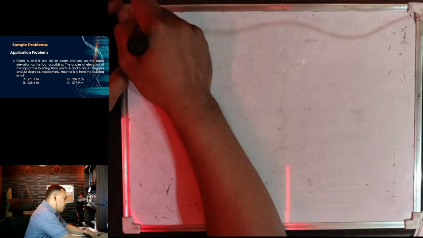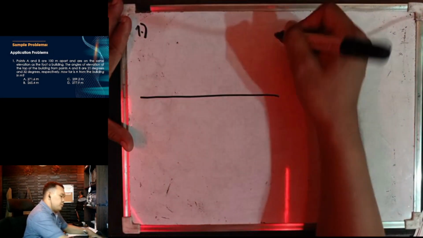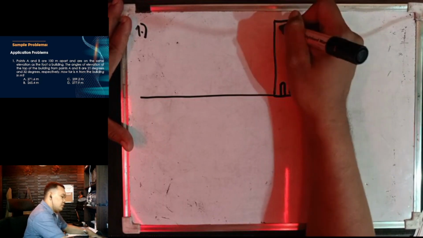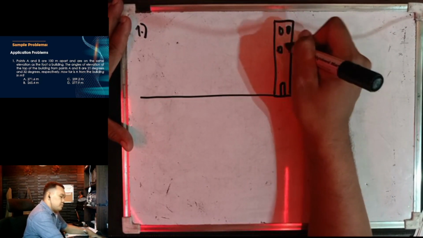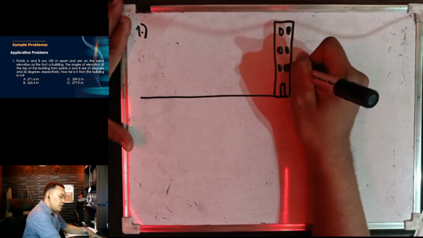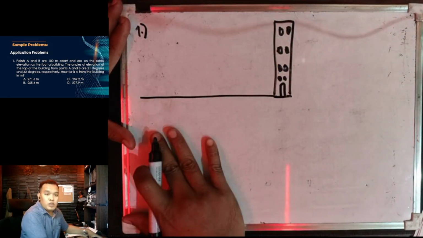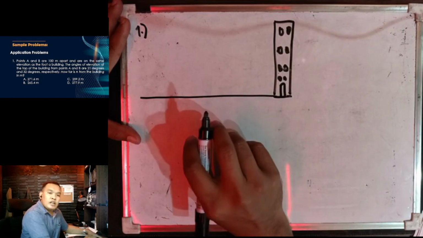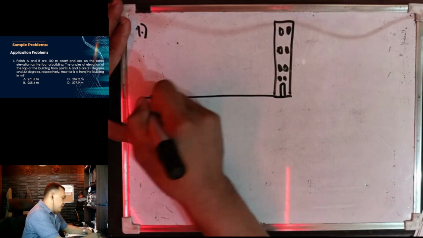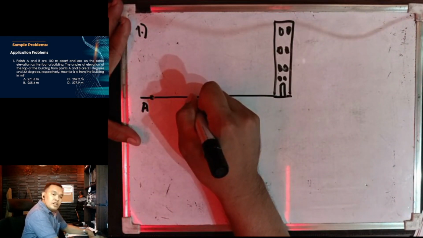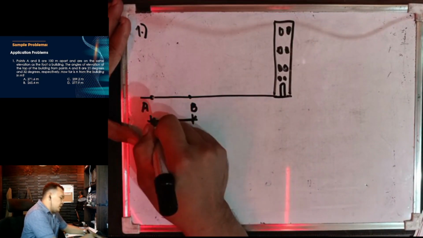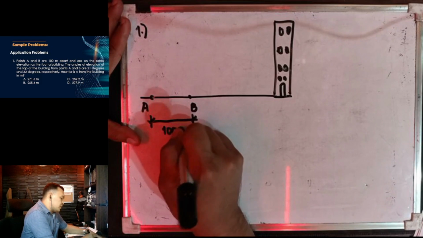So we have here problem number 1. May building daw tayo. Then, may observer tayo sa point A and point B. Ito yung point A, then point B. Sinabi daw, si point A at si point B is 100 meters apart.